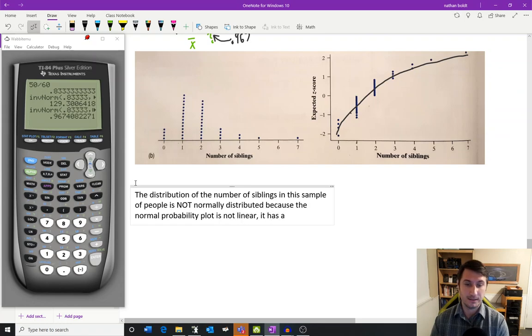It has a definite curve. All right, and that's enough to say definitively that that distribution is not roughly normal.